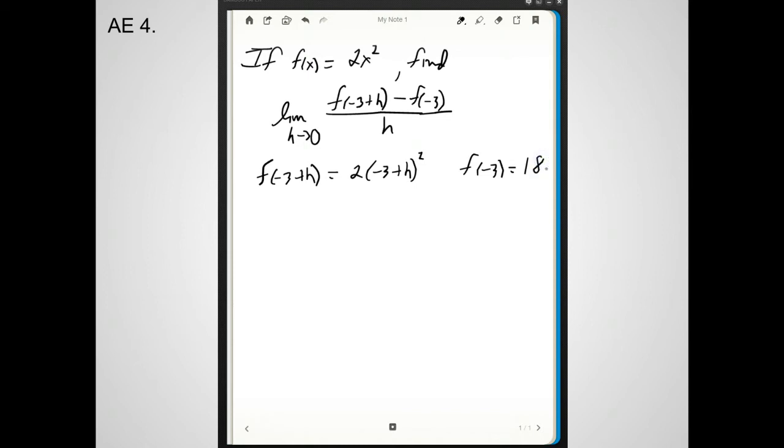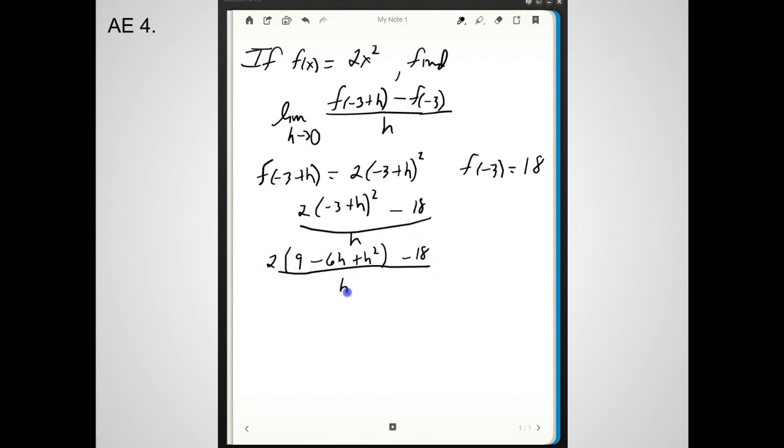Okay? And now when we write this minus this, we're going to write 2 times negative 3 plus h squared minus 18 all divided by h. Well, what is 2 times negative 3 plus h squared? Well, the perfect square of negative 3 plus h is 9 minus 6h plus h squared, minus 18, all over h.